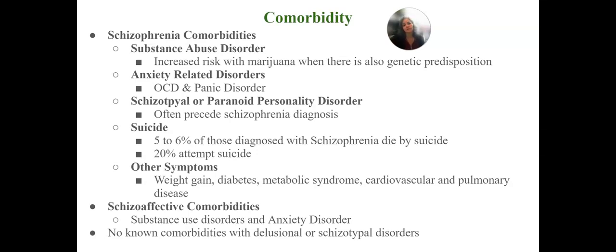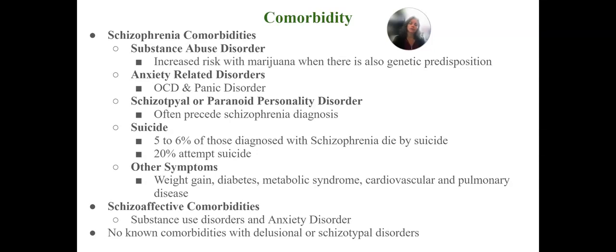We had the history of schizophrenia with my grandmother and my dad. And then we also had a history of substance abuse with my dad, who was an alcoholic. And so I think we definitely had a genetic predisposition. And so my brother's drug use may very well have been a factor.